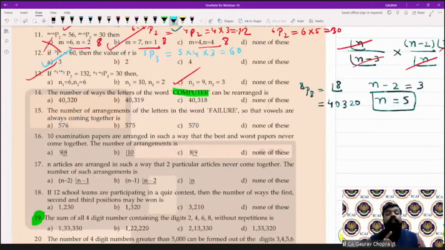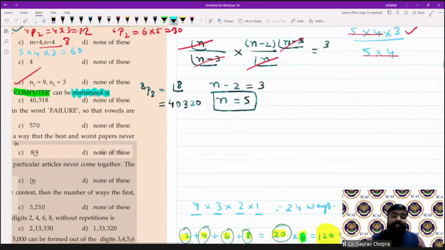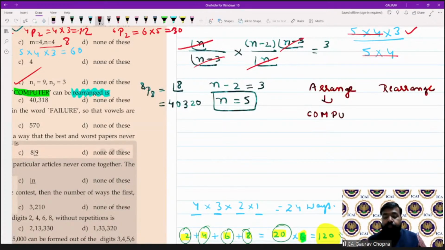40,320. But there is one twist here. What is the twist? The question is not talking about arrangement, it is talking about rearrangement. Now, what is the difference between arrange and rearrange? There are two words, one is arrange and the second one is rearrange. When we are talking about arrangement, the given spelling will be included.